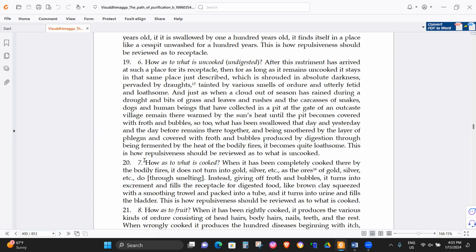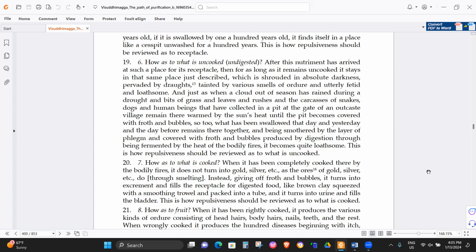How as to what is cooked? When it has been completely cooked there by the bodily fires, it does not turn into gold, silver, etc., as the organs of gold, silver, etc. do through smelting.